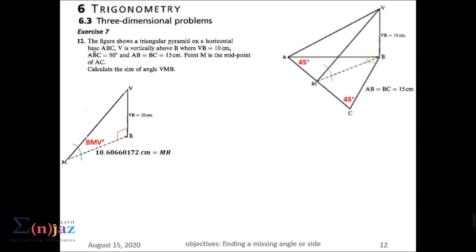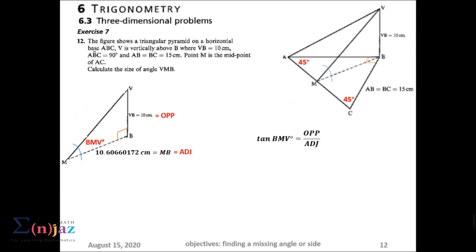And this is my unknown angle that they asked us to find in the question. The 10 centimeters is the opposite side to my unknown angle, and MB is the adjacent side. Since the opposite and the adjacent are known, we're going to use the tan rule.